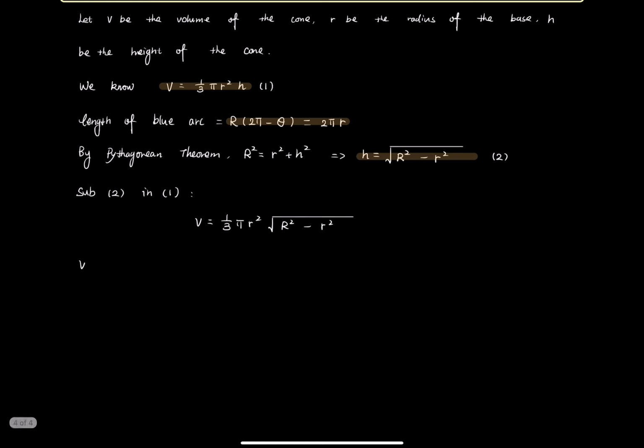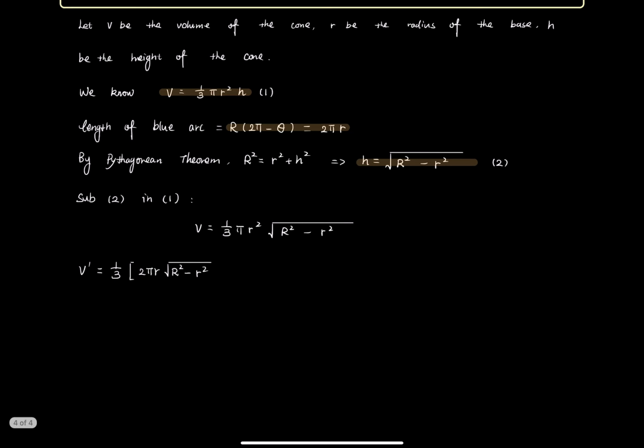So V prime is going to be 1 over 3, product rule, I'm just going to put in brackets 2 pi r times the square root of capital R squared minus small r squared, plus pi r squared times 1 over 2 times R squared minus r squared to the power of negative 1 over 2, because the square root of this is basically to the power of 1 over 2.